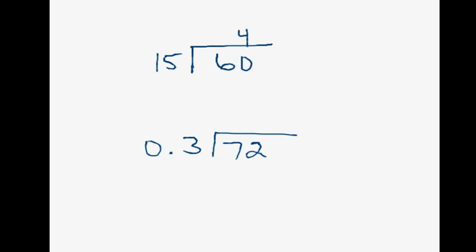Our next example is 72 divided by 0.3. Take a look at the number on the outside, 0.3. The first step is to move the decimal point in that number to the far right end of that number.